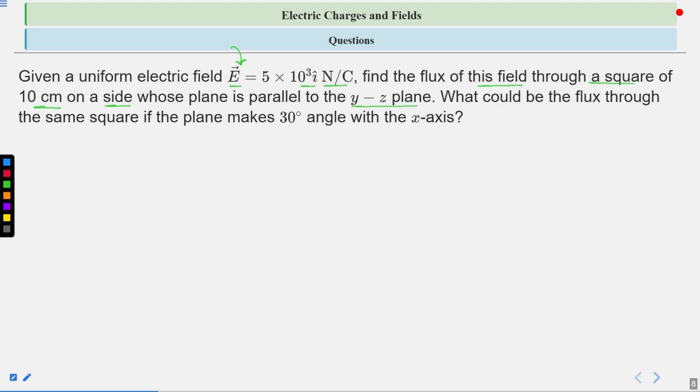So here the shape is given, a square, and the value of the electric field is also given. What would be the flux through the same square if the plane makes a 30-degree angle with the x-axis? So here we have to find the flux. How can we calculate it? Think about it.